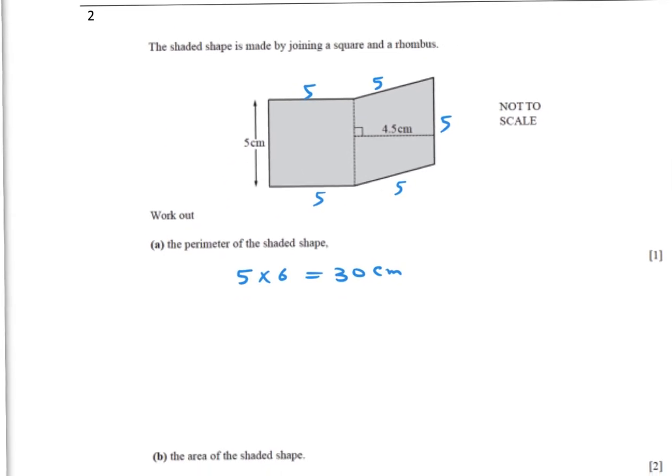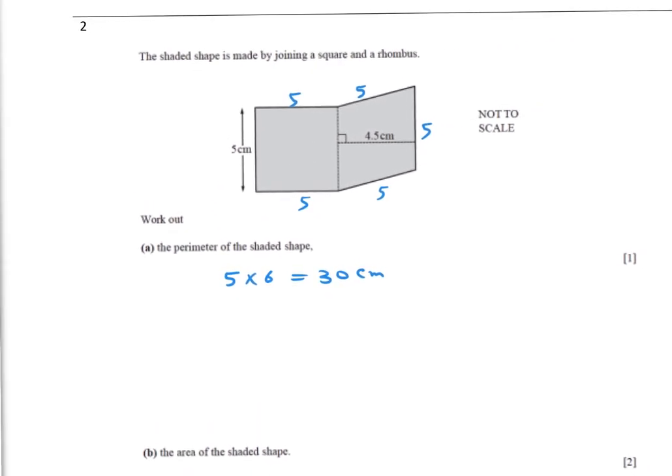Next, how to find the area? I need the area of the shape. So I need to find the area of the square plus the area of the rhombus. Area of the rhombus, if you don't have diagonals, is the same as a parallelogram, because a rhombus is a special case of a parallelogram. Area of parallelogram is base times height. So area of the rhombus is base times height. A rhombus is a parallelogram, but its sides are equal.